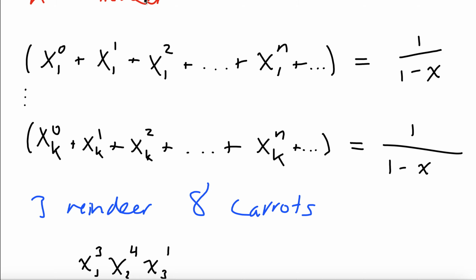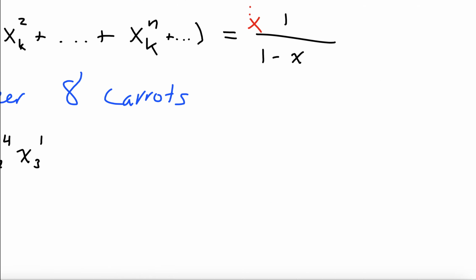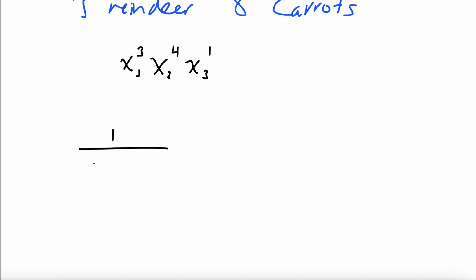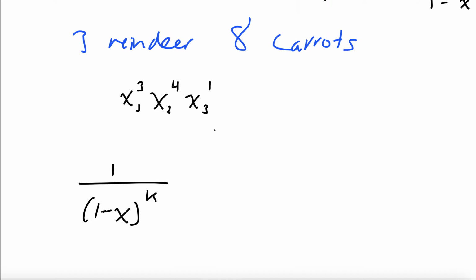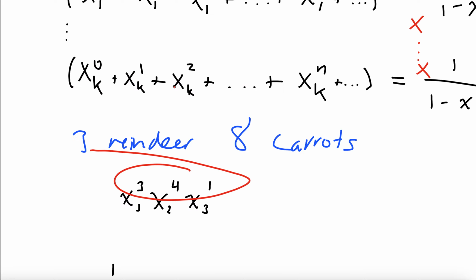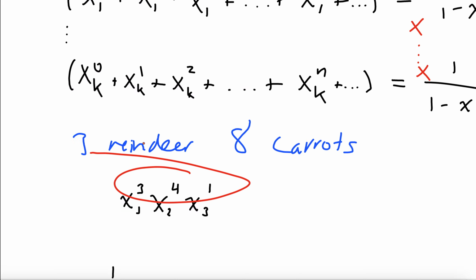So when we multiply all these generating functions together, what do we get? We get that the total product is 1 over 1 minus x to the k power. And so we know that we're looking for the possible sum total of every case where you have n carrots distributed, right?